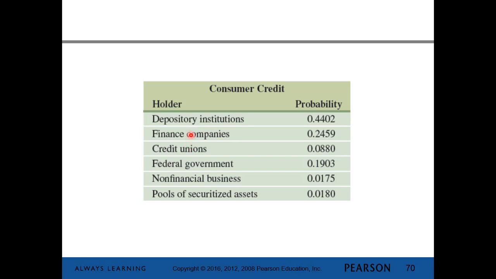Either they're with this or with this, but not both. So we add these two probabilities together, and we get 0.3339. So 0.3339 is the answer.